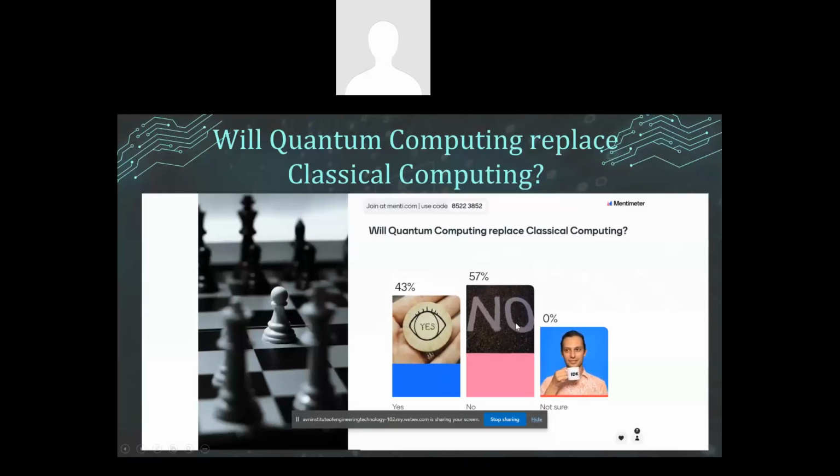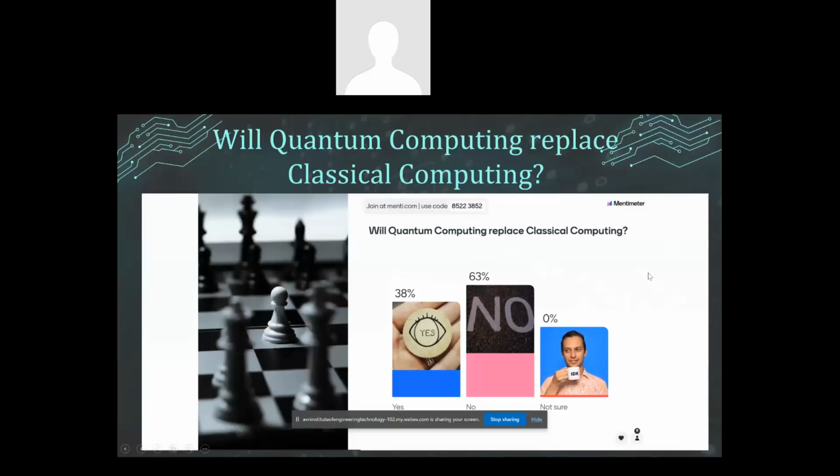Because of memory and hardware complexities, classical computing is anyway required, so quantum will not replace classical computing. Even though quantum computing will go further and occupy industry, classical computing will still be there.